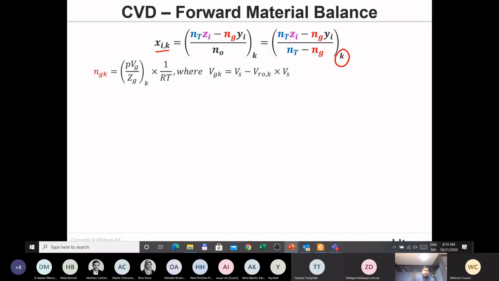So here are the equations that you can use to calculate all these parameters. We need this, and we need this to get the equilibrium oil composition. And we will see why we are calculating the equilibrium oil composition and how it can be used to QC the CVD experiment. So NGK, that's the moles of gas at each pressure stage. You should know the pressure and the gas factor and the volume of the gas.